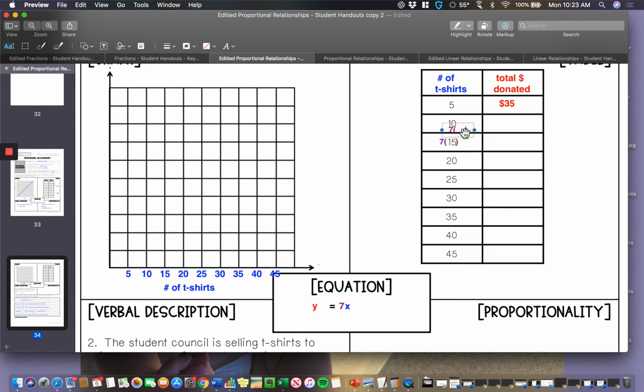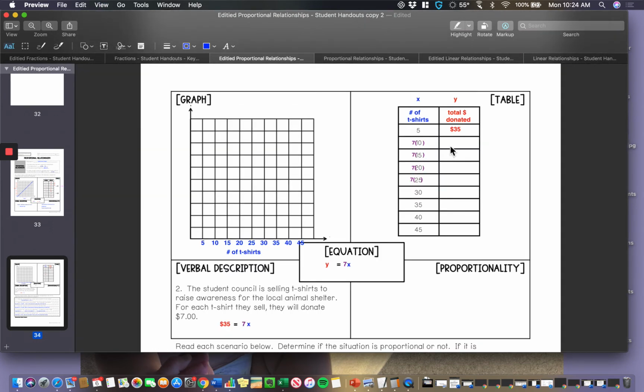It is variable. Now every time you do this, you're going to get a brand new y. And I think that you guys get the point, so I won't waste any more of your time copying and pasting my equation. So, real quick, 7 times 10 is going to give me a total of $70.